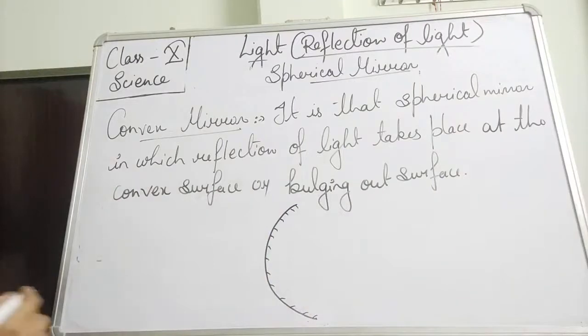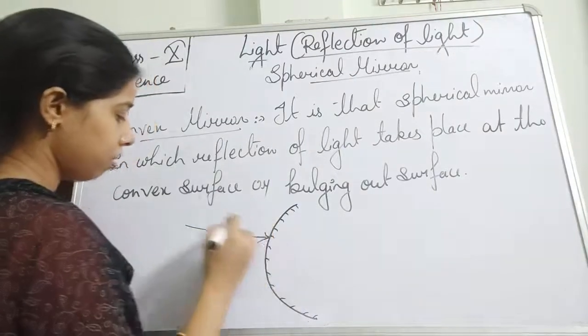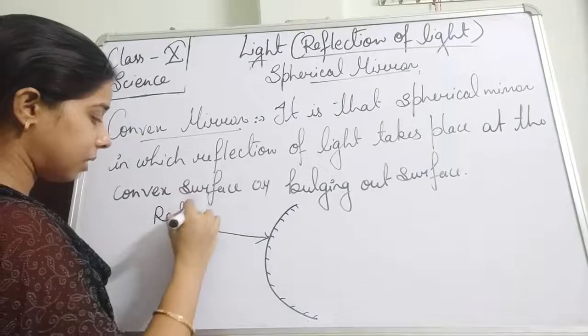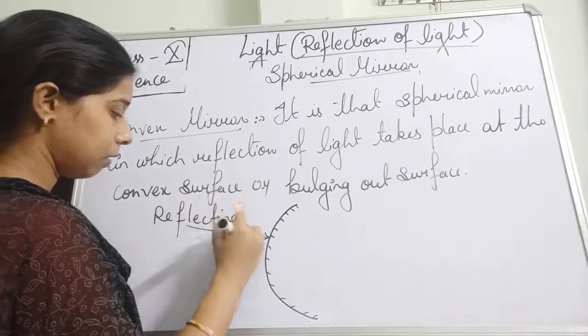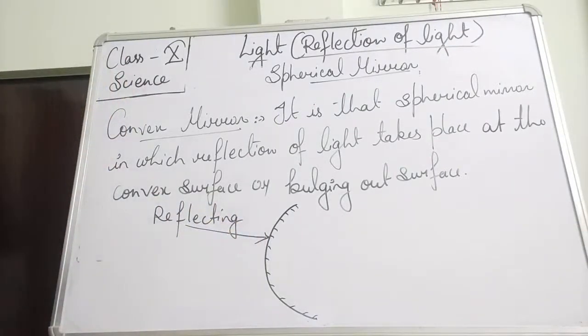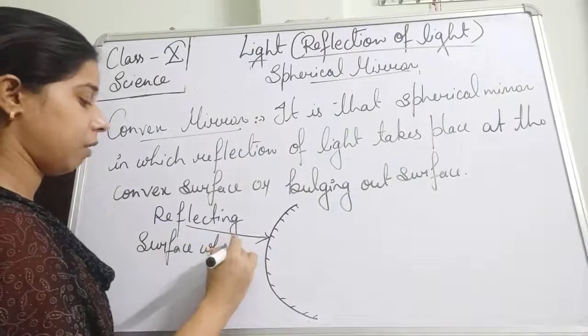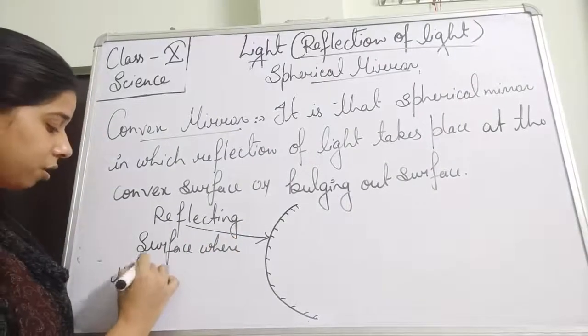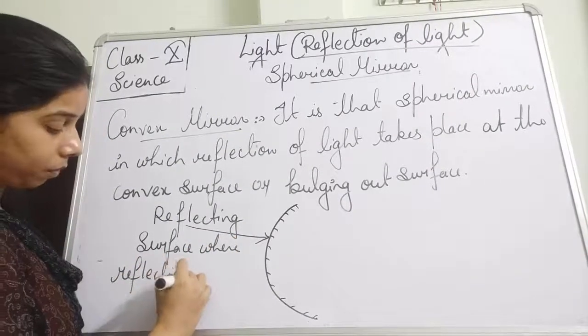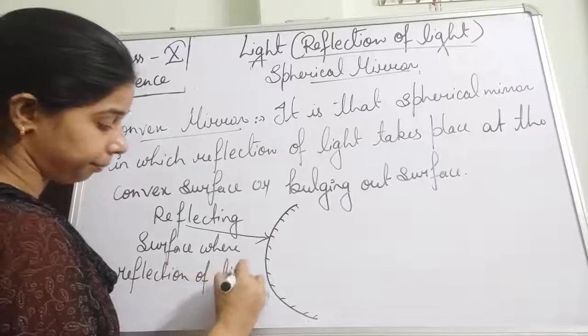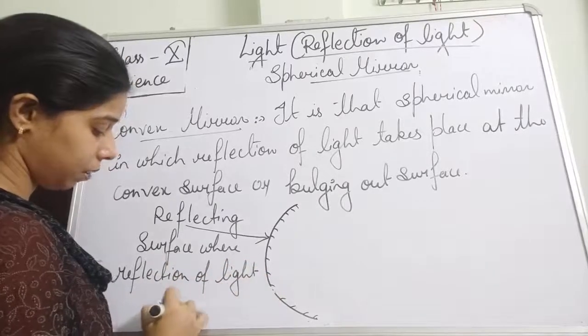This is the surface where reflection of light takes place.